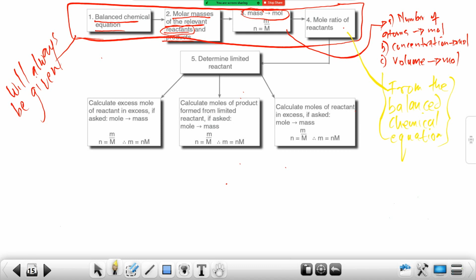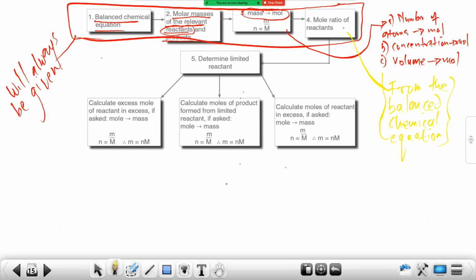Look at number 5. Determine the limiting reactant. That is where I am going. I did not say what is a limiting reactant. I did not say how you are going to do the limiting reactant. I showed you the science that we have done already.